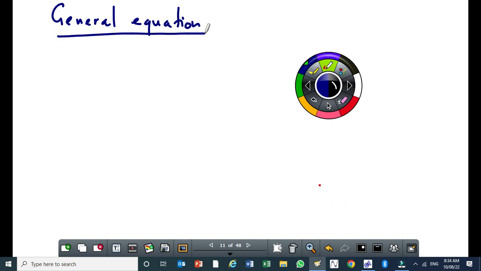Okay, your general equation, okay, it also determines the amplitude of the graph, the positive of the value.